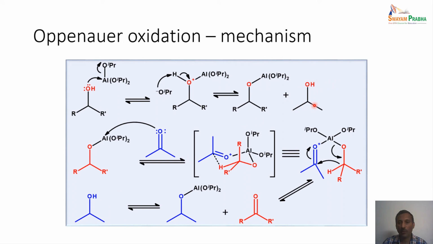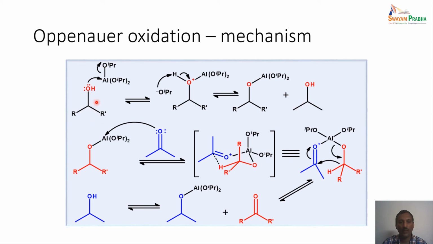So one isopropanol unit comes from the reagent, and the second isopropanol unit comes from the ketone if we use acetone. These are the 2 different alcohols produced in this reaction.